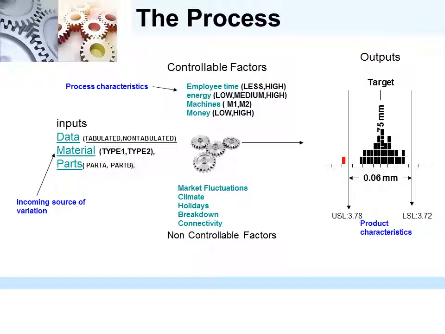The process characteristic is the feature or element of the process that affects or controls the product characteristic in question. The goal should be to identify, optimize and control the process characteristics so as to avoid having to inspect product characteristics. That's what process control is all about.